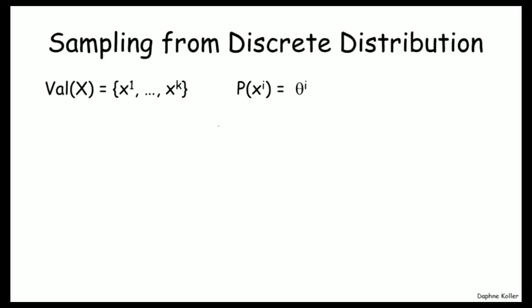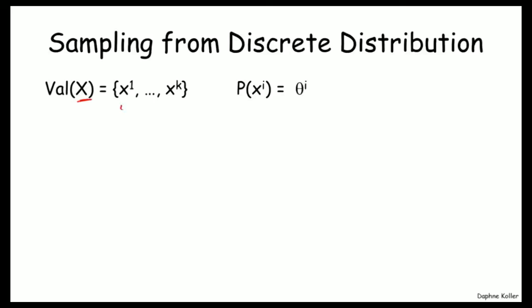So let's think for a moment, just to be concrete, about how one might go about sampling from a discrete distribution. So imagine that we have a discrete random variable x that takes on k values, x1 up to xk. And let's assume that each of these has, that xi occurs with probability theta i.